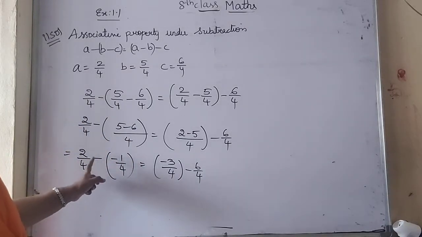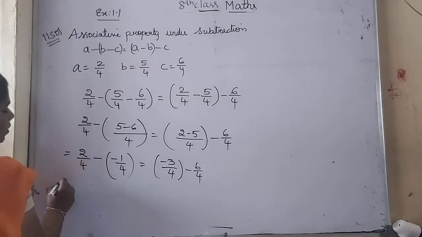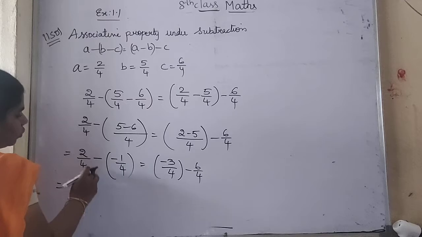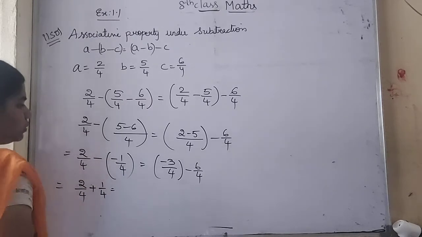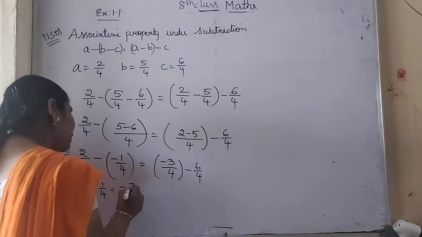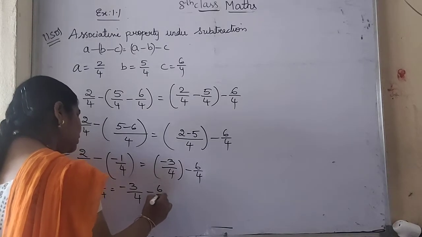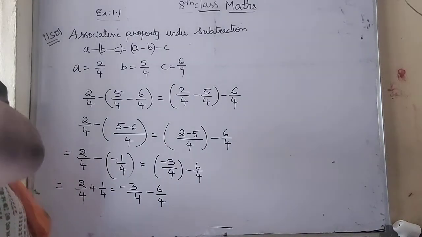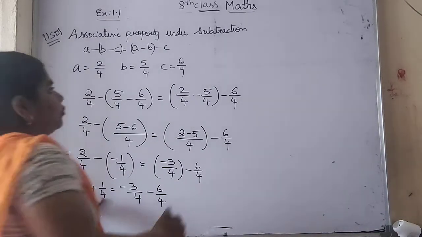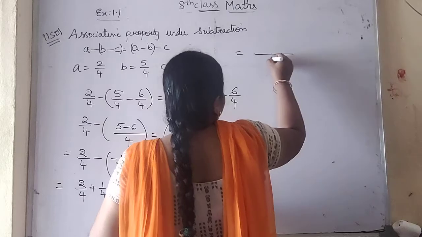Now here you see the double signs together. So that is 2 by 4 minus into minus is plus 1 by 4, equals minus 3 by 4 minus 6 by 4. Here I have only removed the bracket terms. If you take the LCM of 4 and 4, the LCM will be 4 itself.